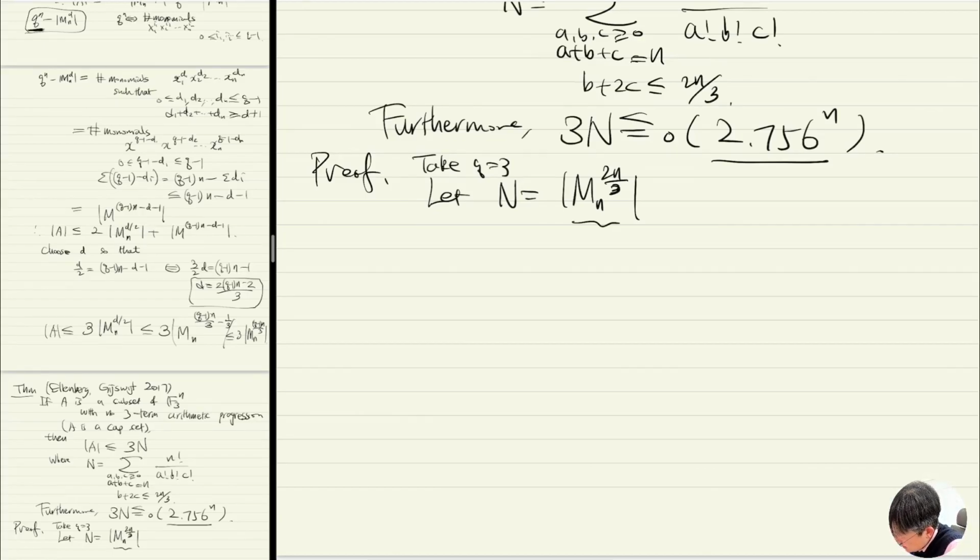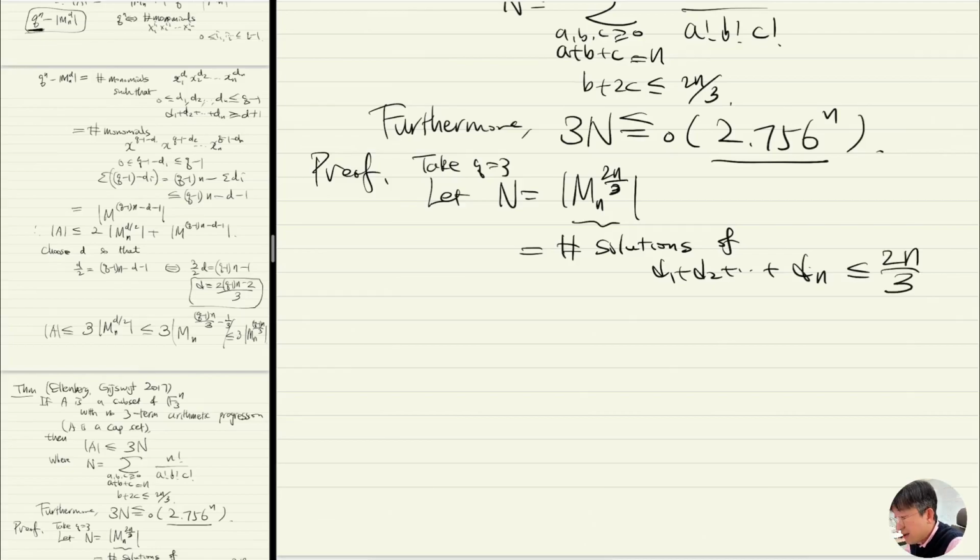So this is the number of solutions of this equation, where the degree is at most 2n over 3, right? And each d_i is 0 or 1 or 2. So remember x1 to the d1, x2 to the d2. If we have monomials like this, each d_i is no more than 2, right? Because it's a finite field of size 3, so you don't need x to the 3. x cubed is equal to x.